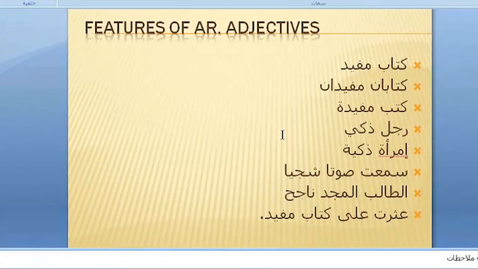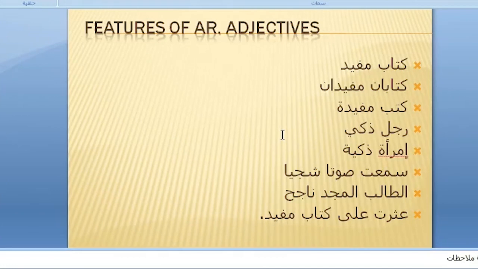The adjective remains the same, whether I say رجل ذكي or I want to translate امرأة ذكية. The adjective does not change. So we can say a smart man or an intelligent man, and a smart woman or an intelligent woman. The adjective does not change, لم تتغير.